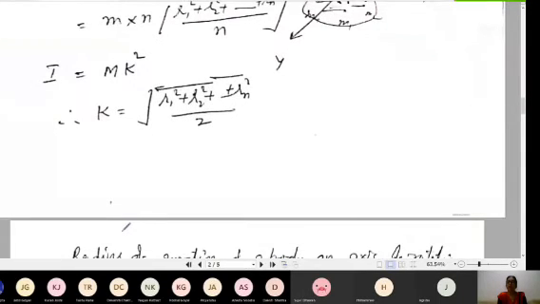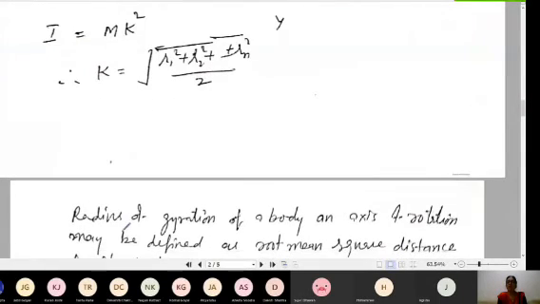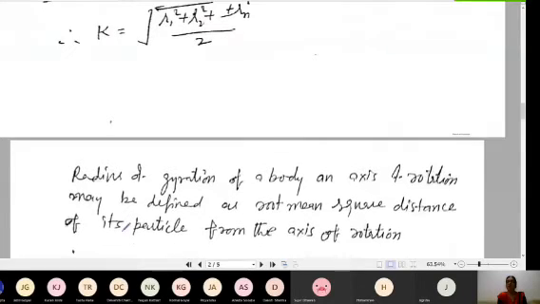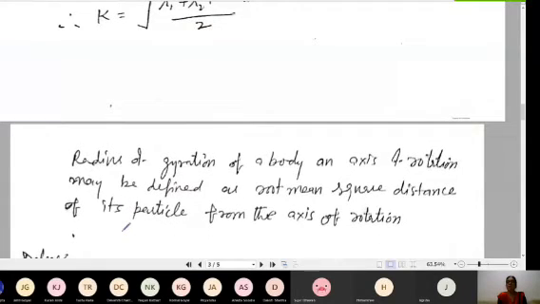It means the radius of gyration of a body about an axis of rotation can be defined as the root mean square distance of its particles from the axis of rotation. So this is one definition.